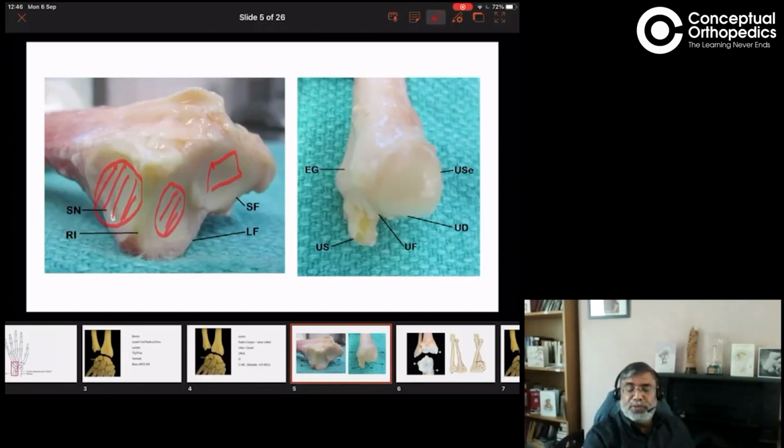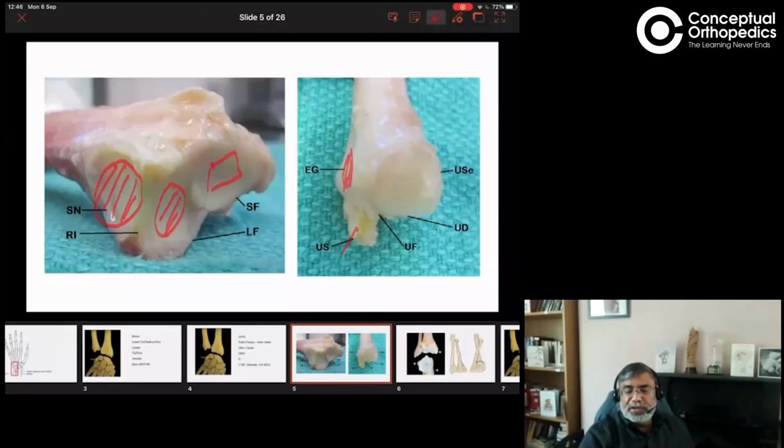So your lunate fossa and your sigmoid notch are important. On the ulnar side, if you see the ulnar anatomy, you all know the ulnar styloid, and just on the dorsoulnar border there is a groove through which the ECU tendon passes. And then the ulna has two parts.